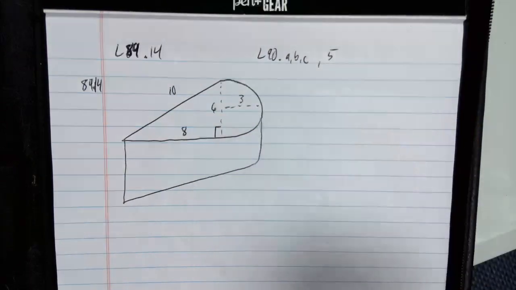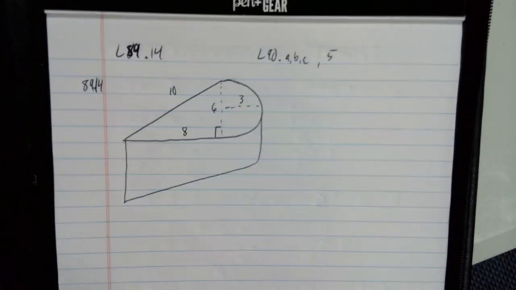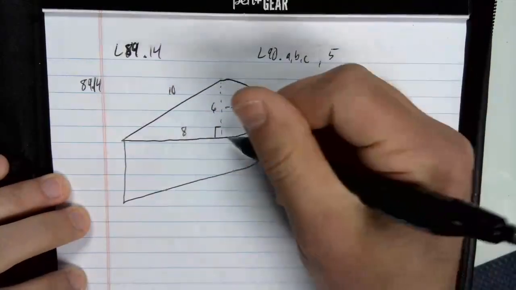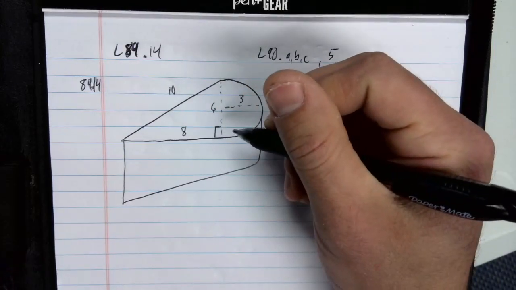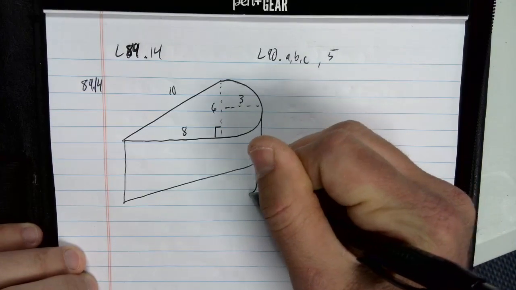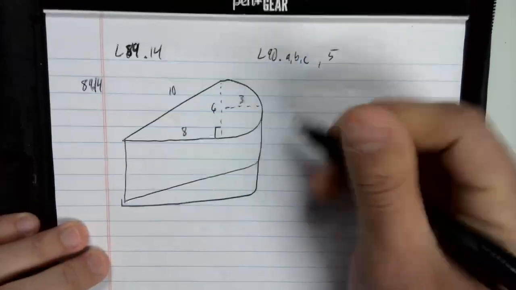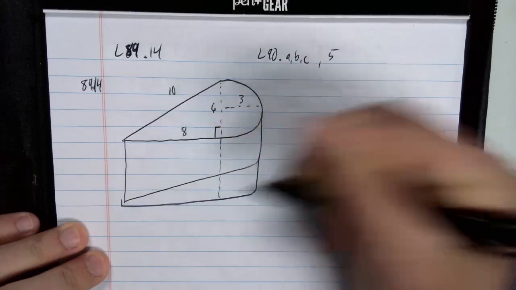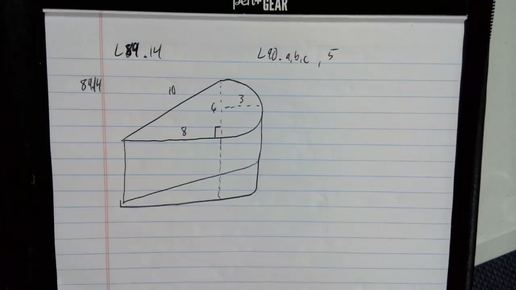Ooh, it's a 6, 8, 10. That's a nice triangle. Okay, so what we want to do is find the total surface area. The best way to do that is to consider this, badly drawn, as a triangular prism and a half cylinder. I would say ignore that line.